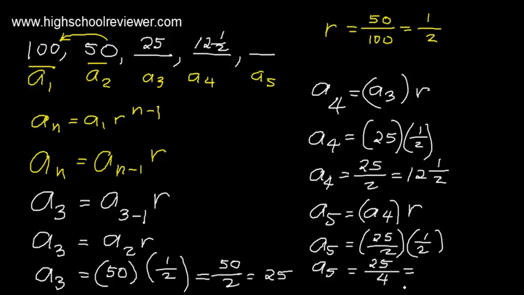So 25 divided by 4. Okay, so let's convert that into a mixed fraction. This will be 6 and 1/4. So our a sub 5 here will be 6 and 1/4. We now have the values for a sub 3, a sub 4, and a sub 5.